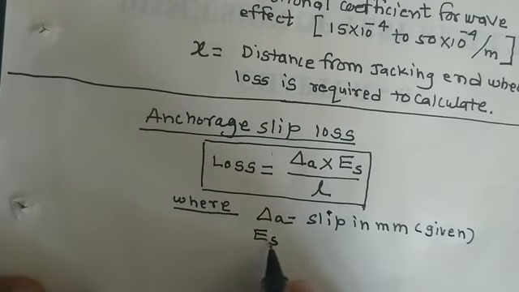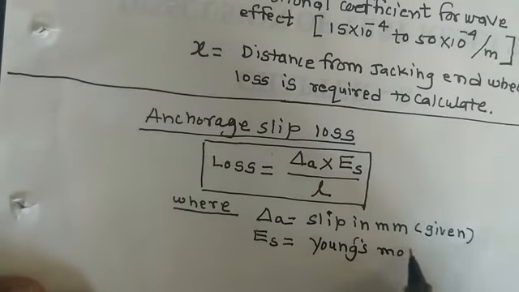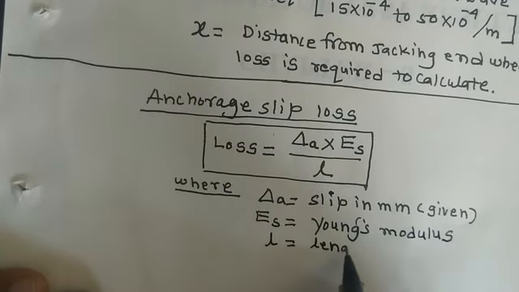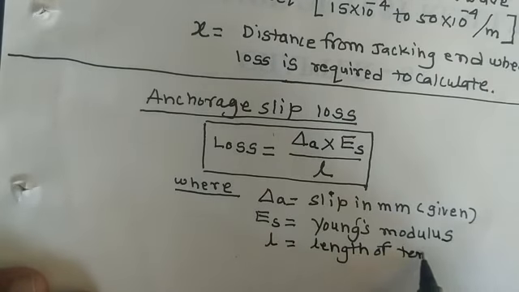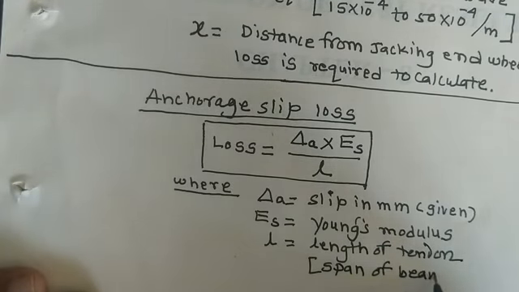We know that ES is the Young's modulus, and L is the length of the tendon, or you can put the span of the beam.